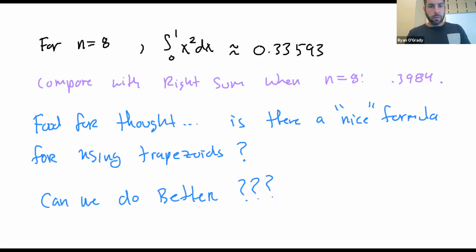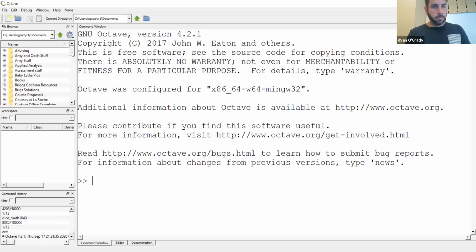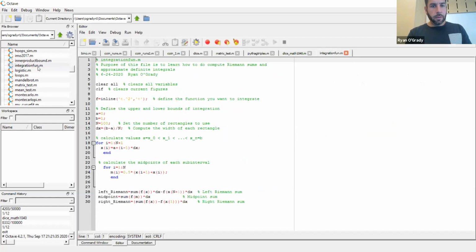I'm not sharing this to frighten you, but what you can do is write some code using whatever your favorite language is, and I can share this with you. Here's something that does this. This code right here will integrate left Riemann sum, right Riemann sum, and midpoint.